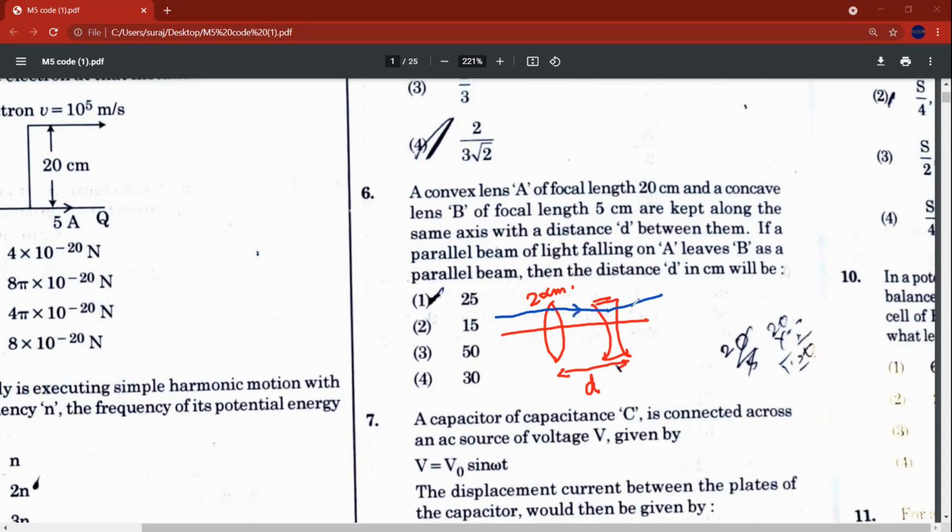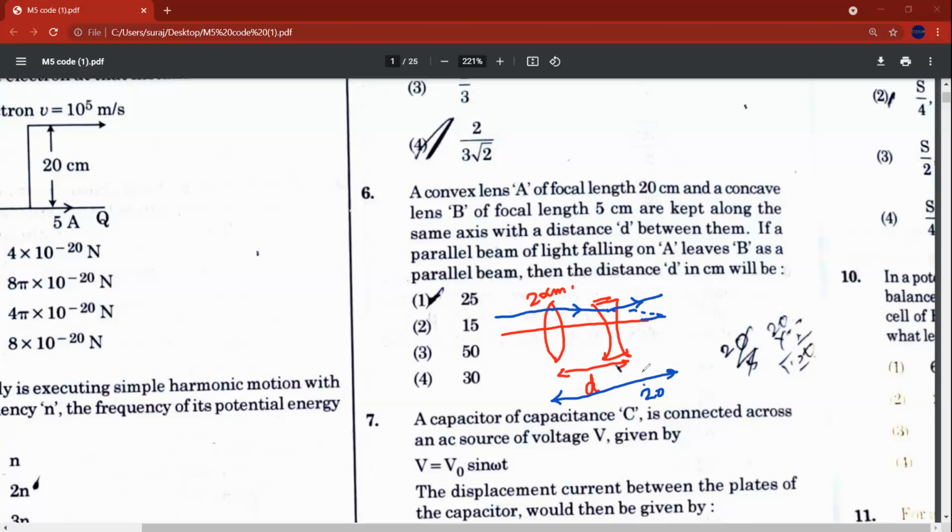That will only happen if there is a virtual object here. So that means this is given 20, right? This is given 20, and it is leaving parallel, right?